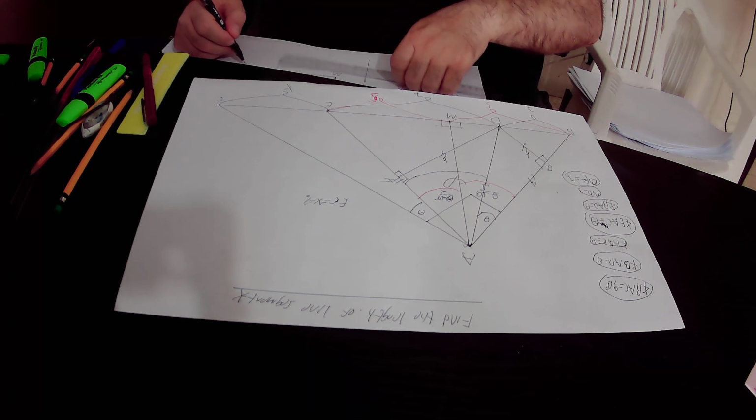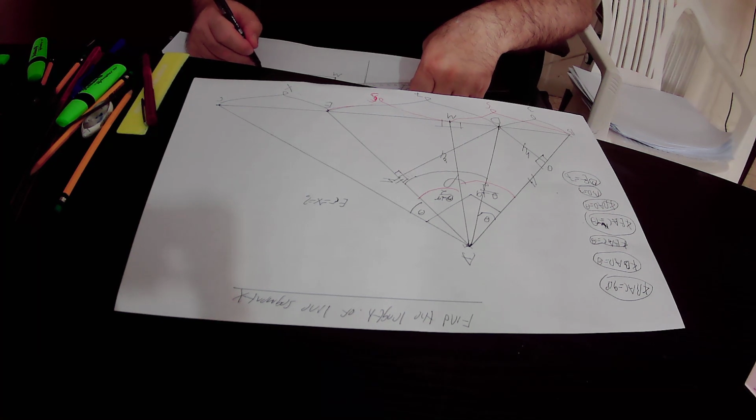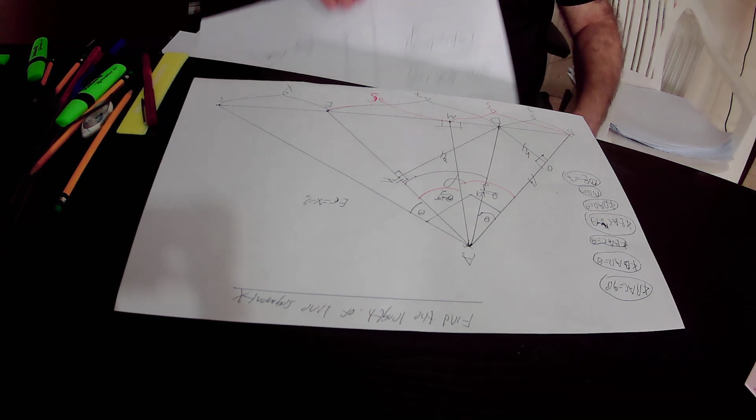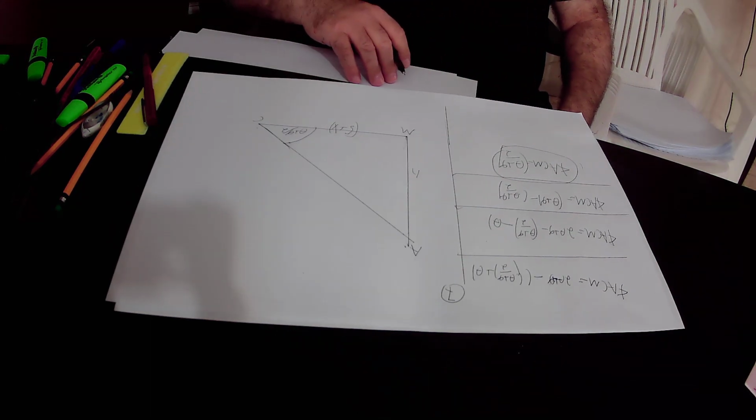We just found out that angle ACM equals theta plus alpha over 2, MC equals 5 plus X, AM equals H. So here, this is the right triangle AMC.